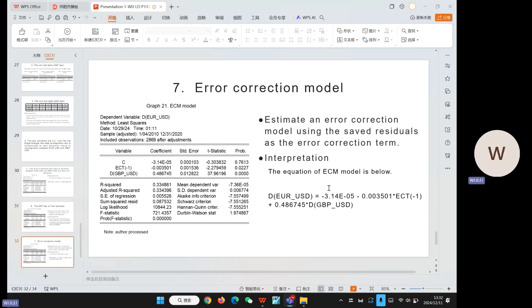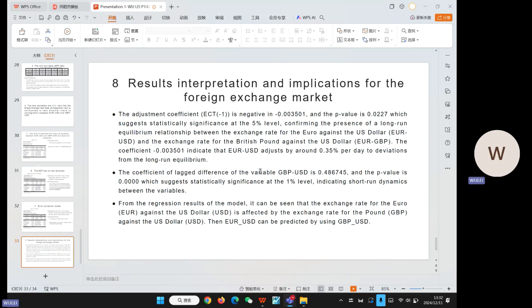Then estimate an error correction model using the saved residuals as the error correction term. And we can get the equation of the ECM model. It's here. This is the result from EViews. And then this picture shows the results, interpretation, and implications for the foreign exchange market.